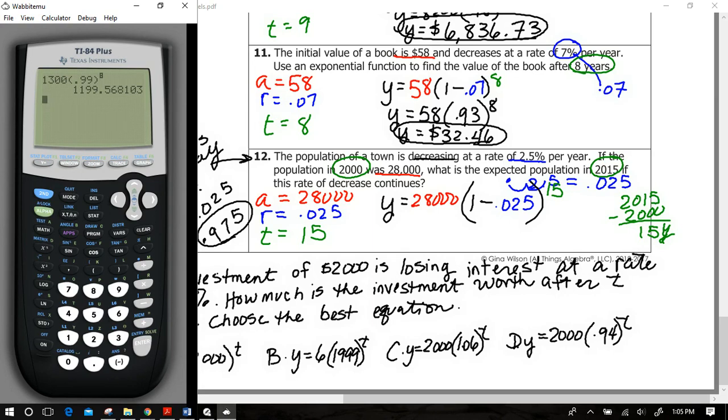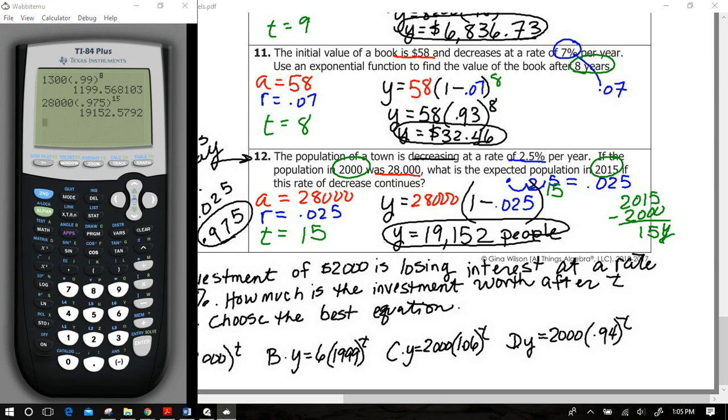And so I'm going to type 28,000 parenthesis, my decay factor, which is 0.975, close parentheses, and raise that to the 15th power and hit enter. And so here is my final answer, 19,152. And this is a population, so I'm going to ignore the decimal. So people. Alrighty, great job.